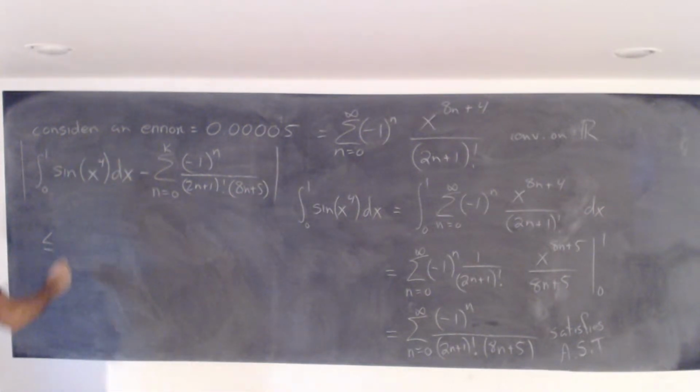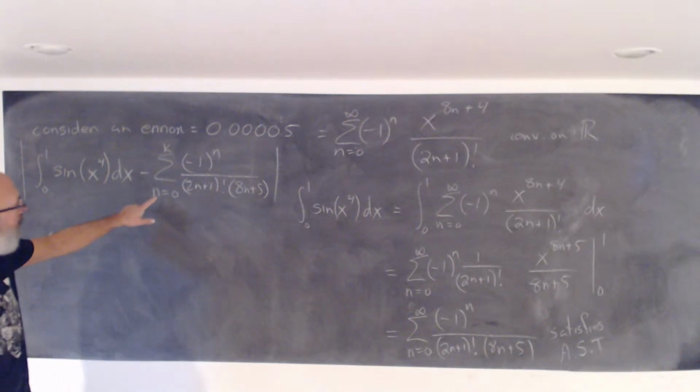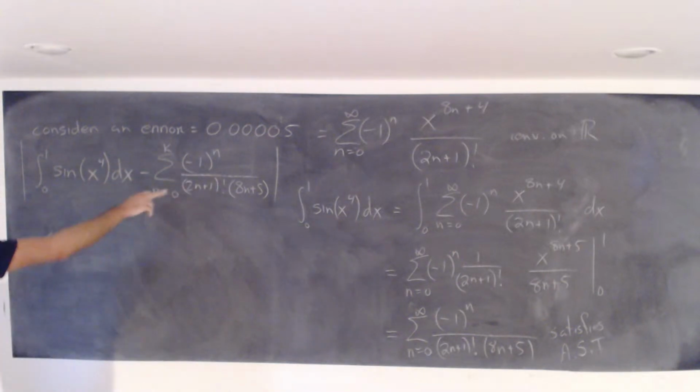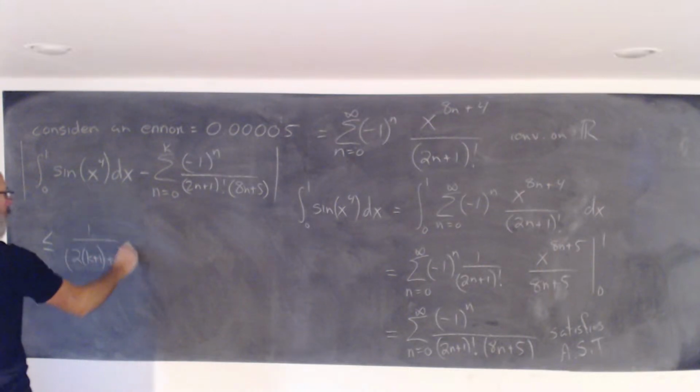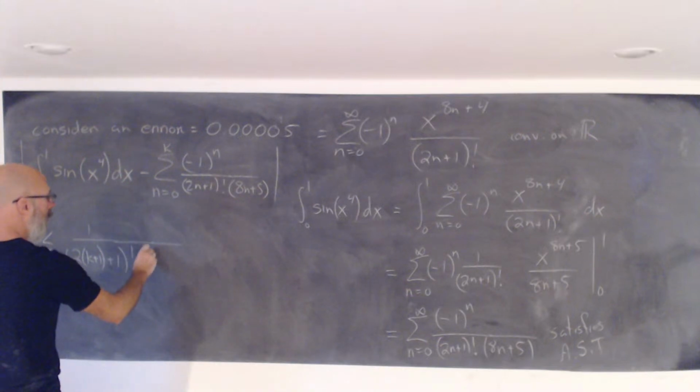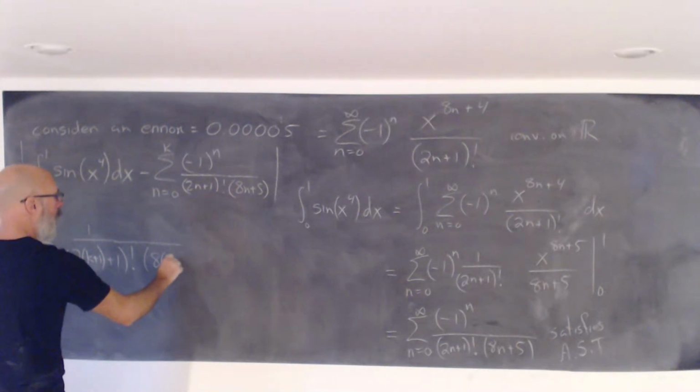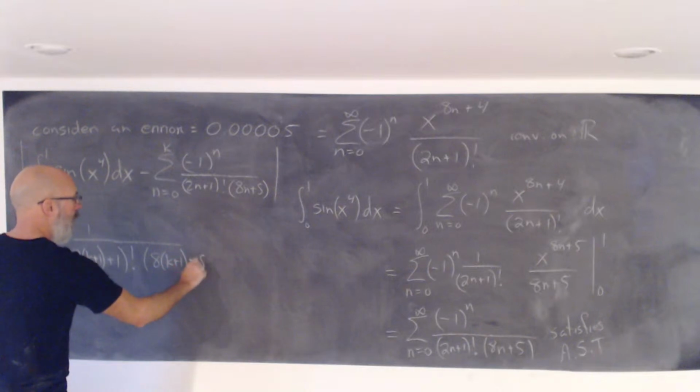This is less than or equal to the next term in line. So 1 over 2k plus 1 factorial, 8k plus 1 plus 5.